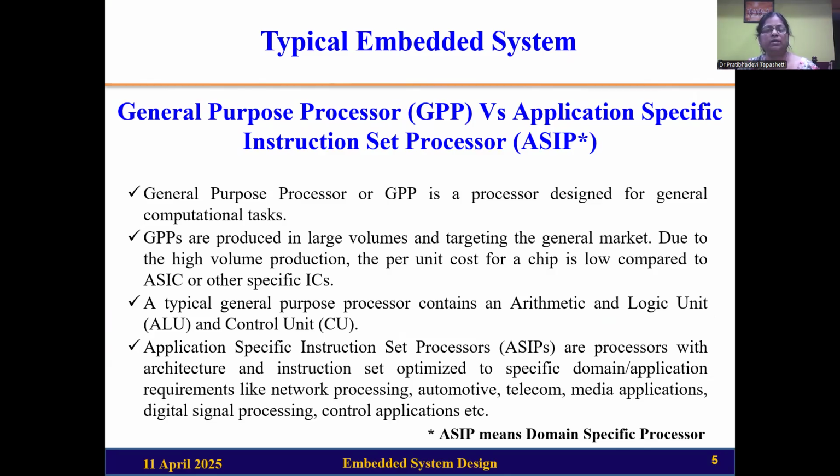Next, to be considered are the application specific instruction set processors. They are processors with architecture and instruction set optimized to specific domain or application requirements like network processing, automotive, telecom, media applications, digital signal processing, control applications, etc. For example, the automotive domain example is the car, or it may be a truck or any other vehicle. Telecom, we can say, the example is the Android phone.